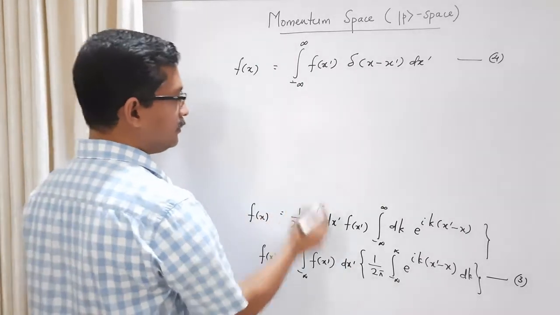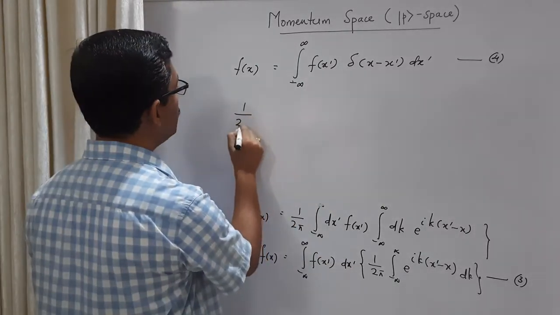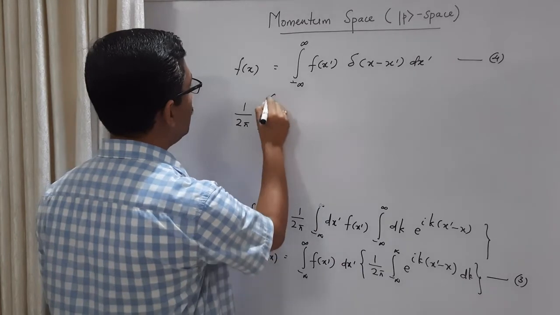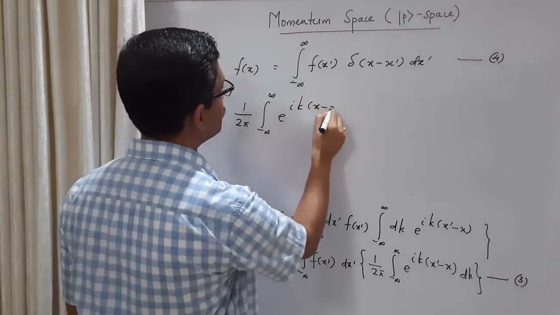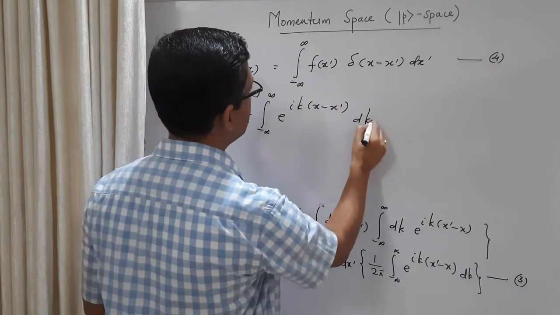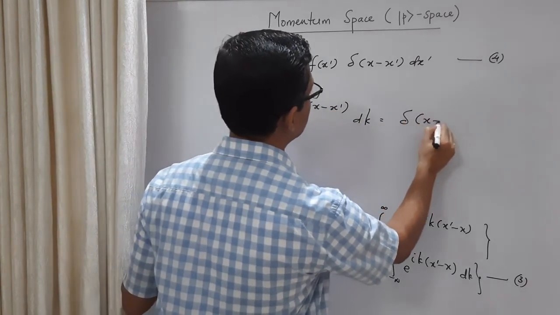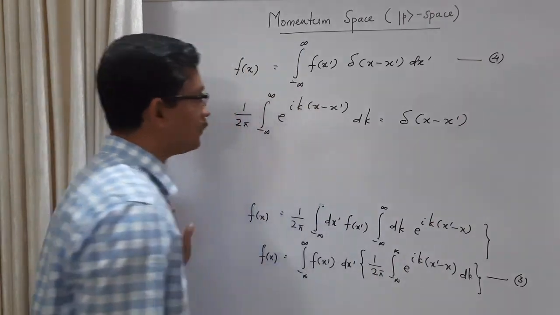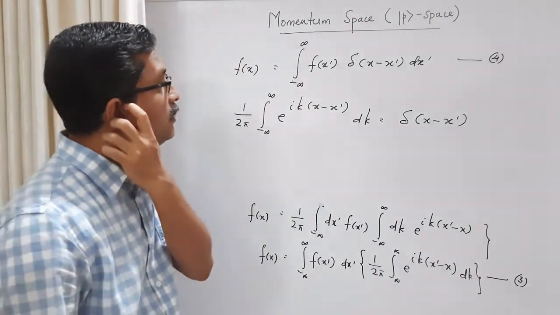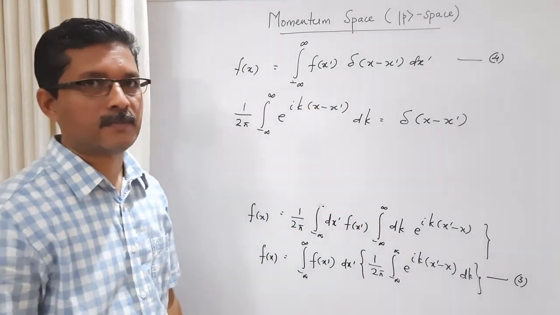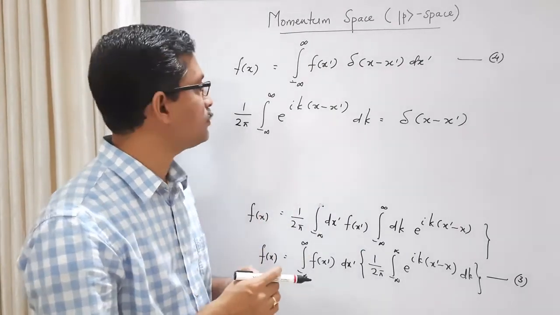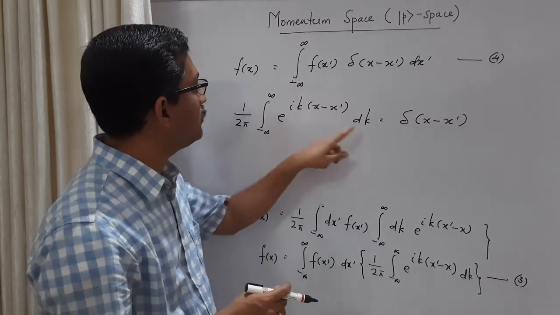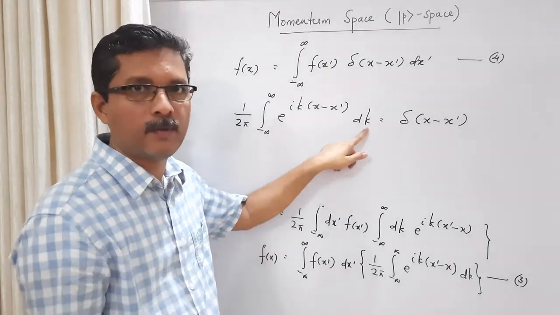So comparing these two, we can say that 1 by 2 pi integral e raised to i k (x minus x prime) dk is equal to delta(x minus x prime). This is the integral form of the Dirac delta function. Now the result that we have quoted in the derivation of the transformation function involves not k but momentum variable p.